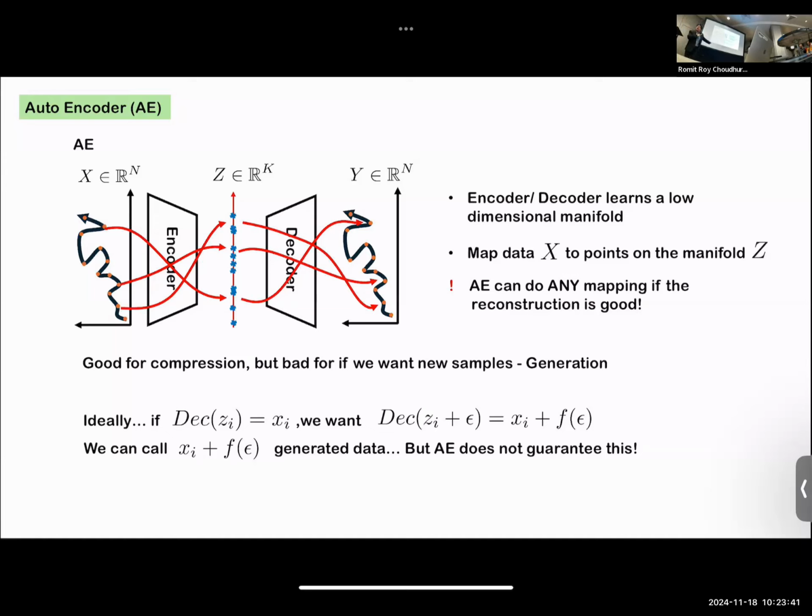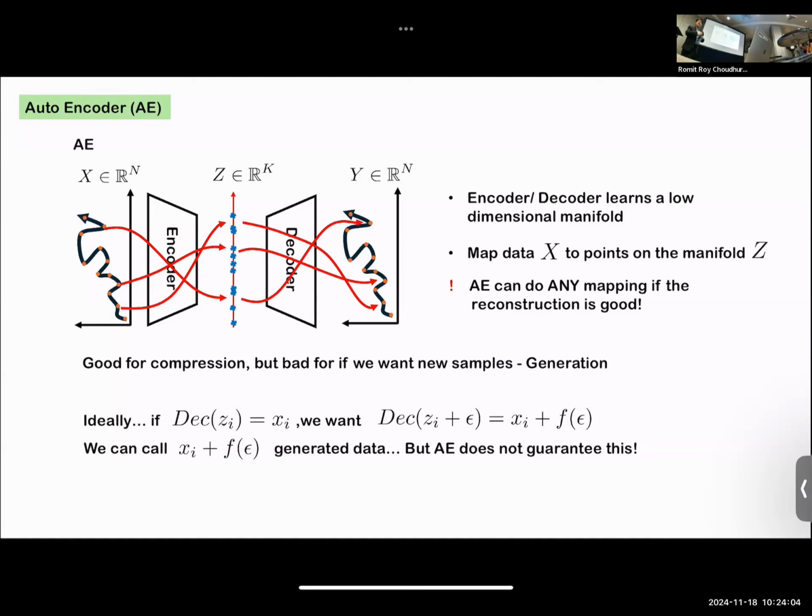But this is not guaranteed by an autoencoder. That means if you move a little bit in your latent space, you can generate a completely different image, or even a garbage image. And that's the motivation for going into the VAE.